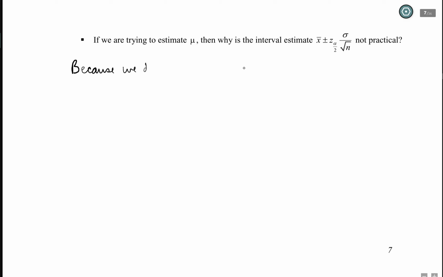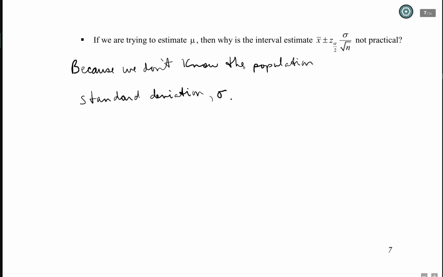So this interval estimate is really impractical to use because we don't know the population standard deviation, that is the quantity sigma here. Because of that, this formula by itself is not practical.